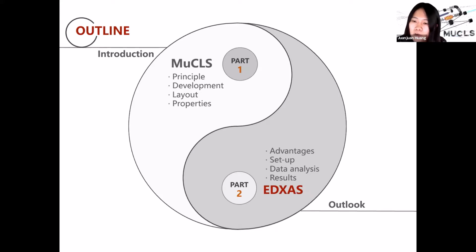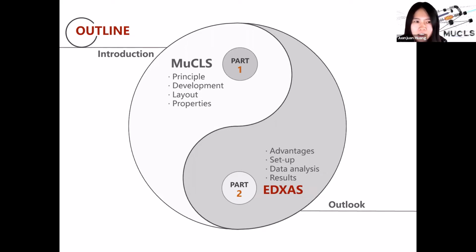Meanwhile, I will also show how the data was analyzed and some results of standard samples. And in the end, I will show you some more recent in situ measurements, which were done in collaboration with a chemistry group in our university.